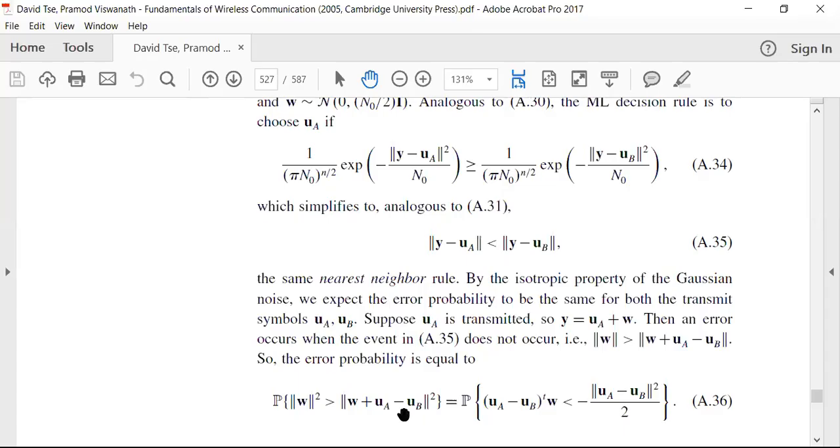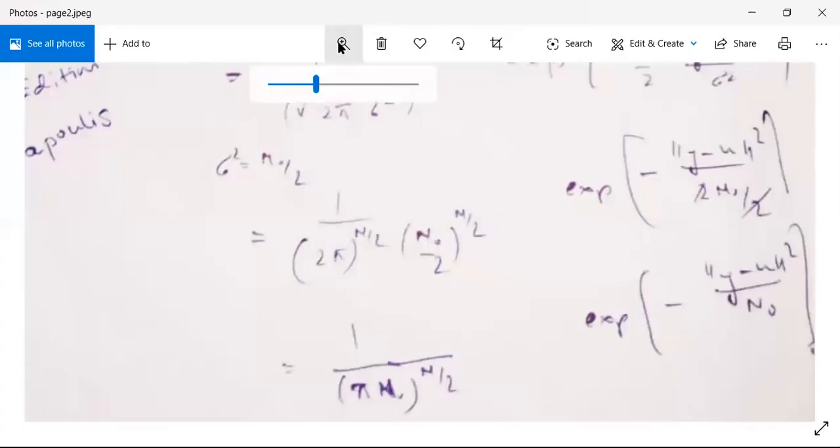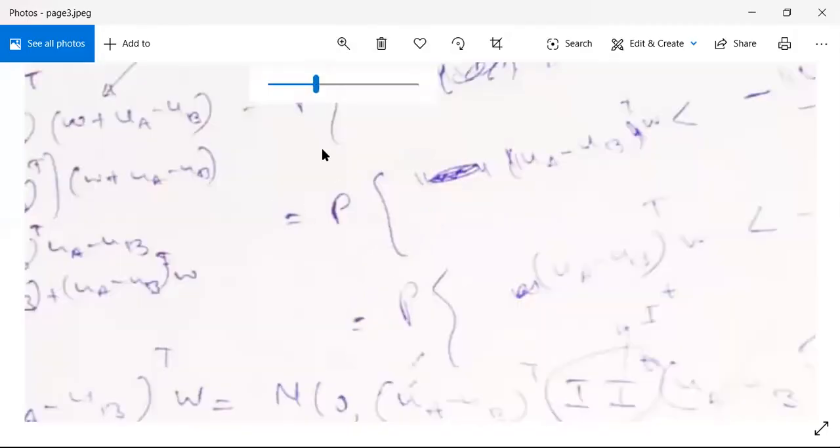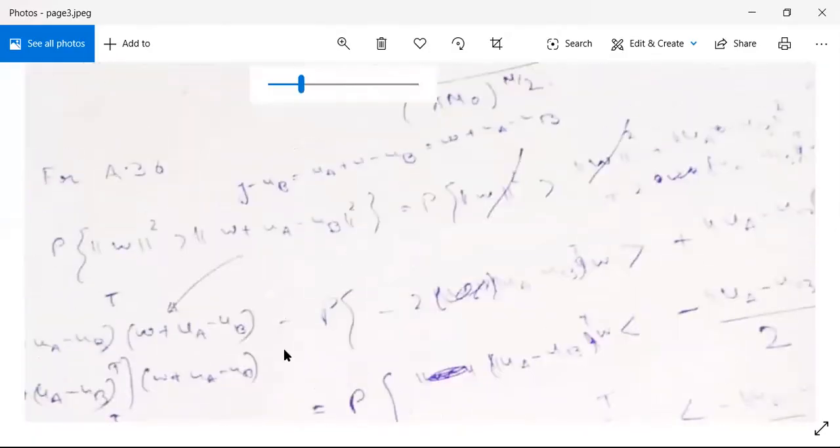So when I solve this, you can see here that the probability of w mod square being greater than this can be given as follows.